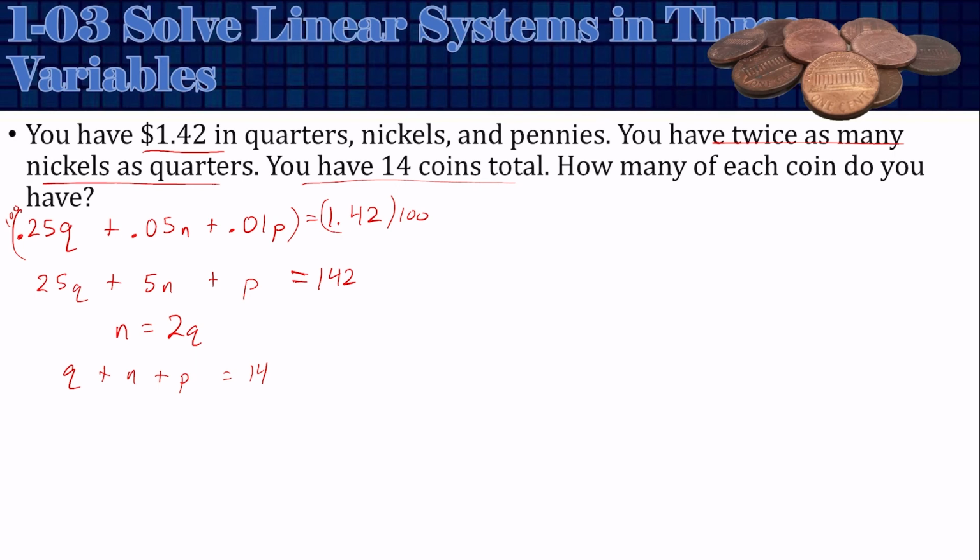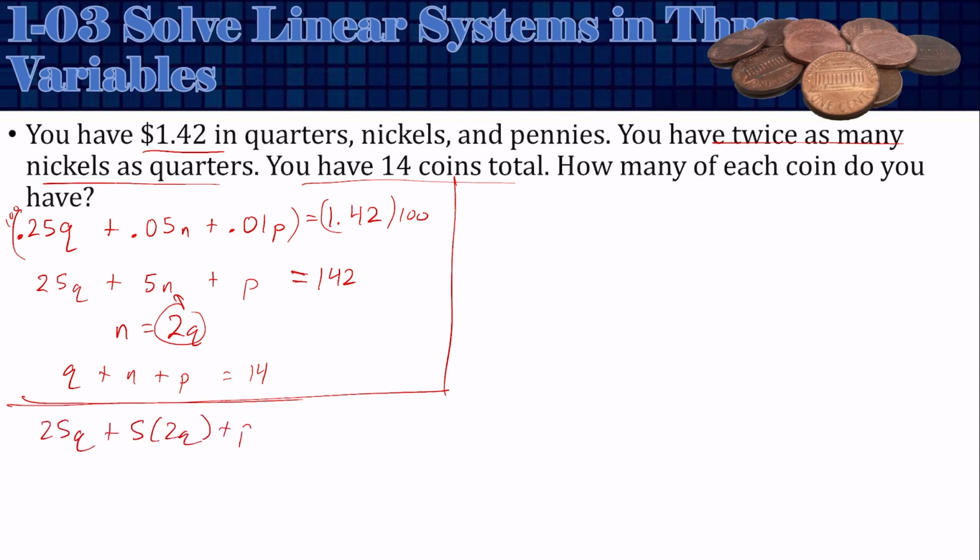So we could actually do this by substitution if we wanted to, or we could do it by elimination. Let's just try this by substitution. If N is 2Q, I can plug it in there for the N. So I'll have 25Q plus 5 times 2Q plus P. That's 10Q.